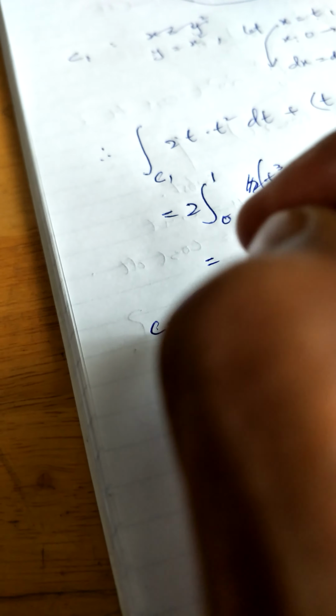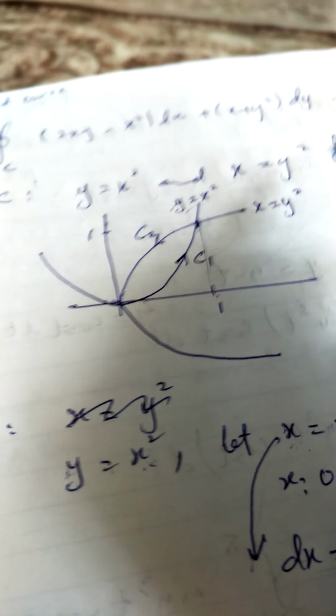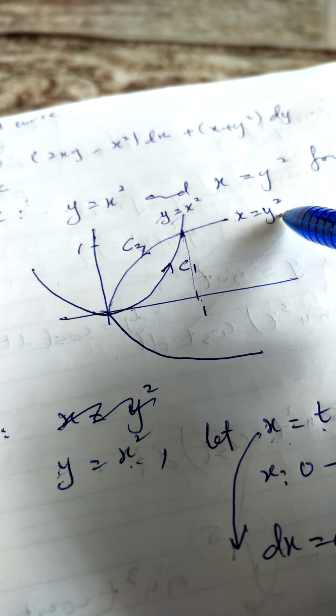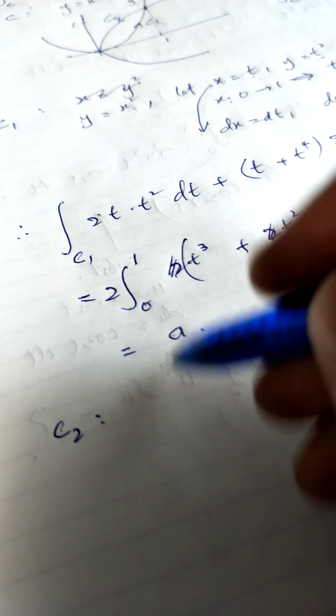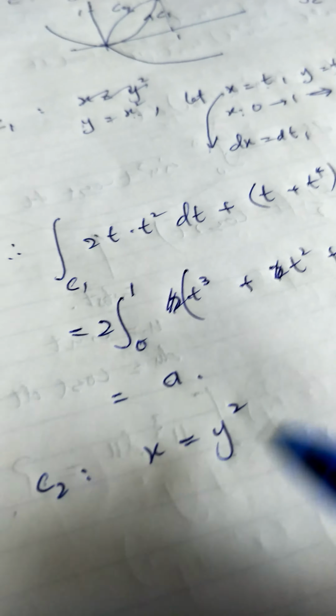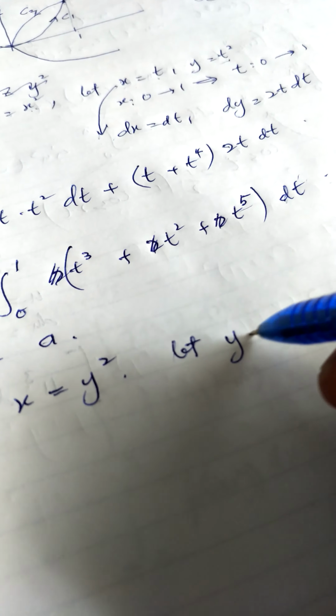Now you need to consider C2. You need to evaluate our integral along C2. C2 is x equal to y squared. In this case, I will let y equal to t.